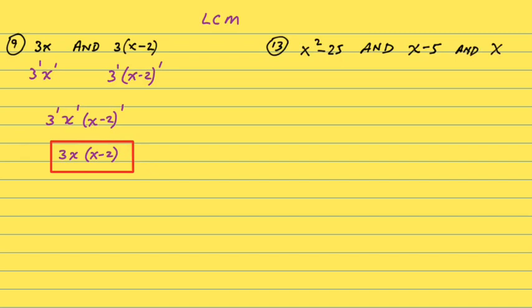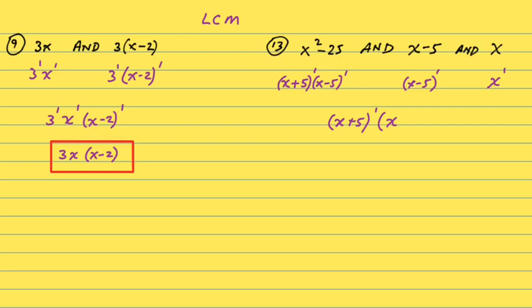13, we want to factor everything. So x squared minus 25 factors x plus 5, x minus 5. Then you have x minus 5. And you have x. Notice that these powers, I believe, are all ones. The highest power of x plus 5 that I see is to the first.